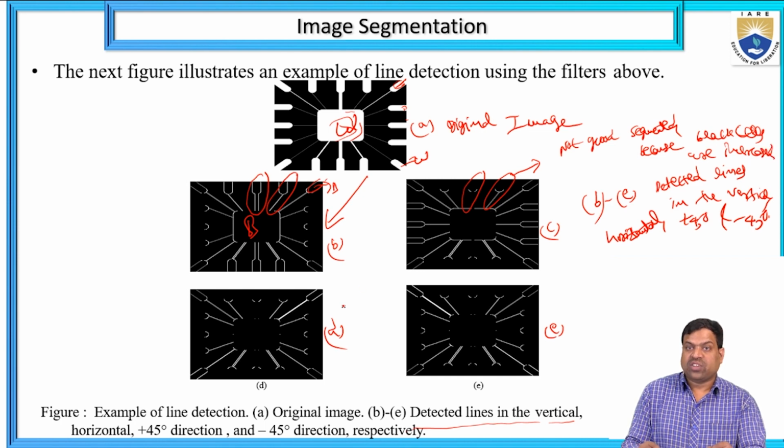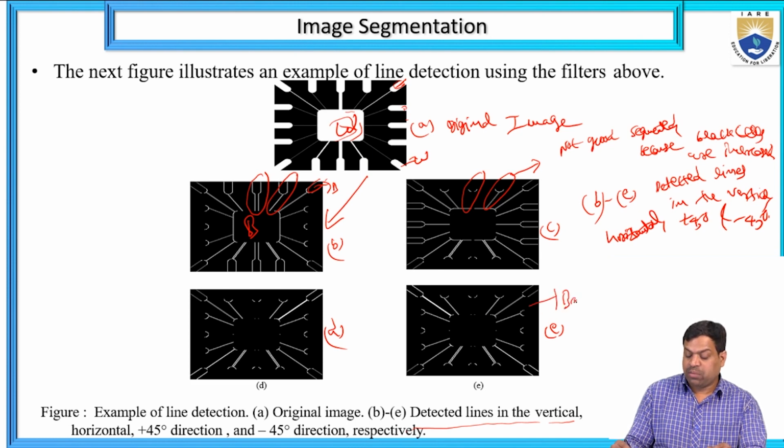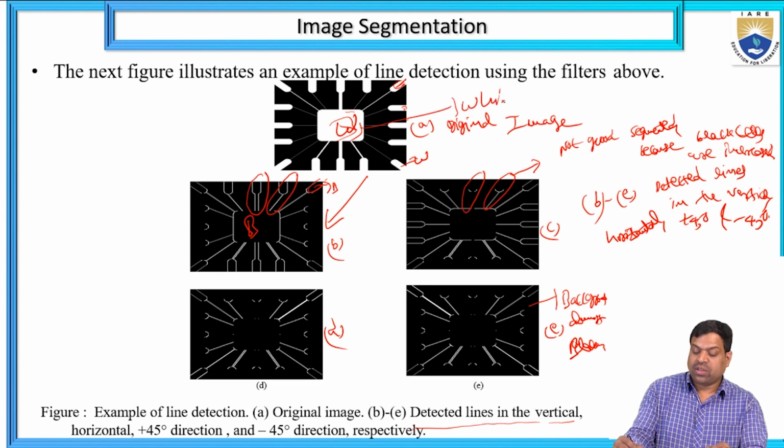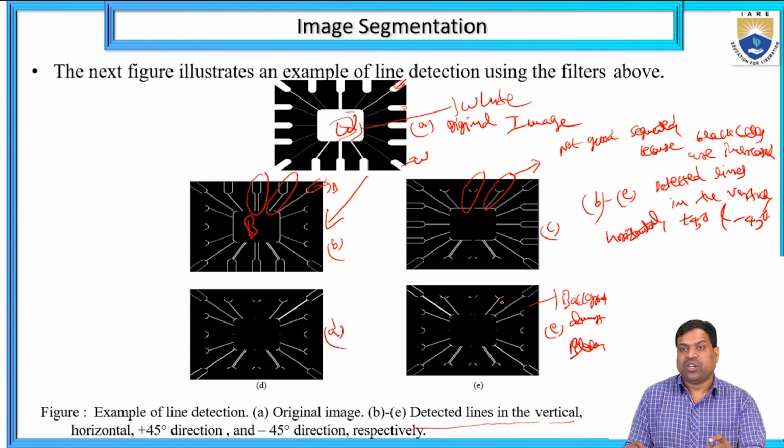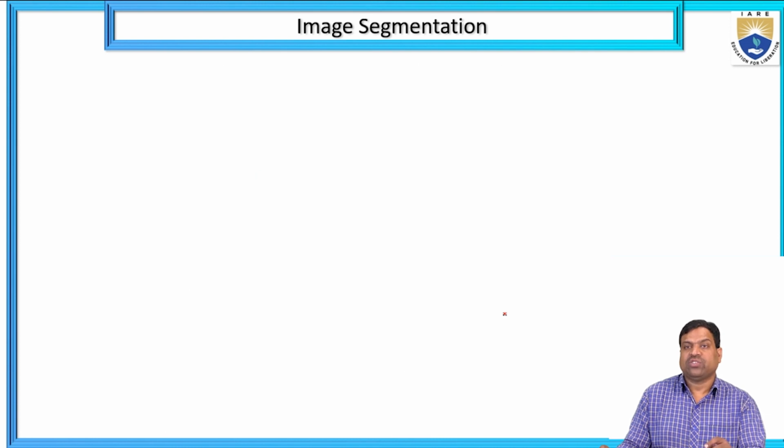The majority of black cells increase from B, C to D, E, so white is converting to black. The background is completely black, almost black. Here somewhat white is there, but here white is reducing completely, almost 90% converted to black. That is the line detection process, where vertical, horizontal, plus 45 degrees and minus 45 degrees respectively change the values.